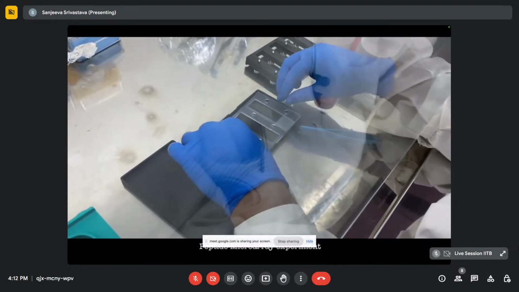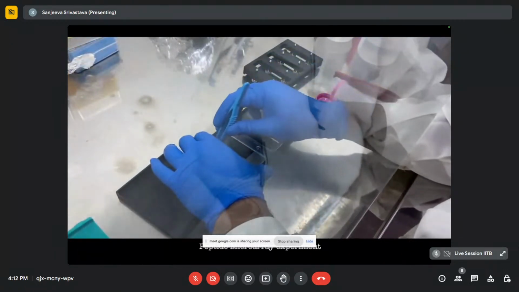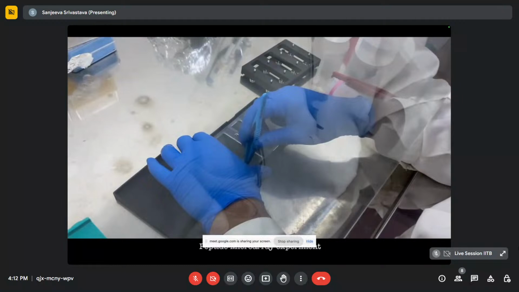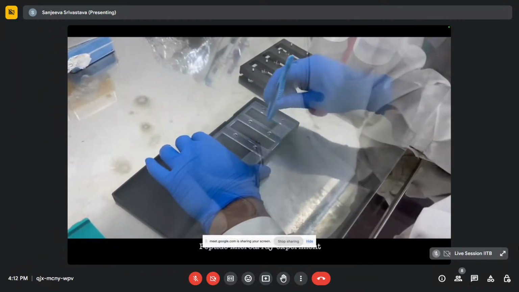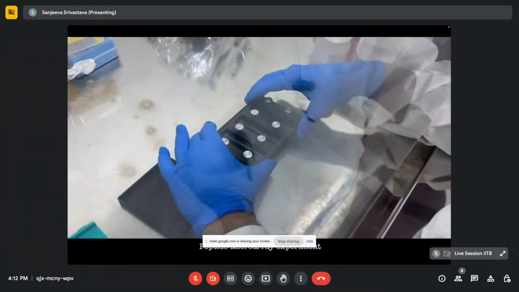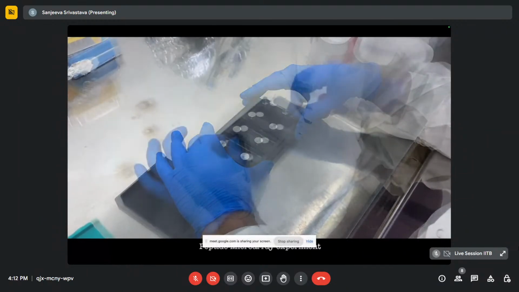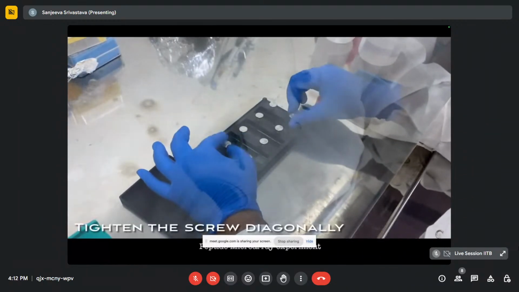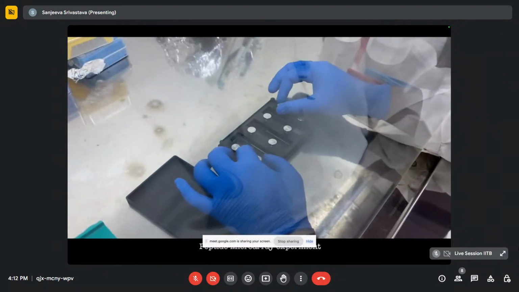Remember to keep the glossy side of the gasket on the downward side. Align the silicone gasket over the slide and tightly seal the incubation chamber using the screw. Remember, tighten the screws only diagonally. This will ensure that the slides do not break.